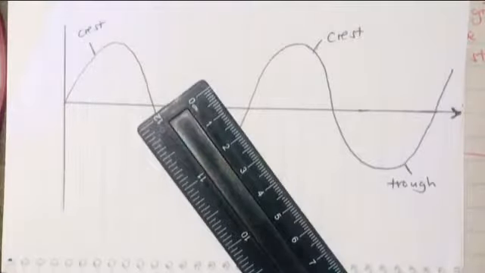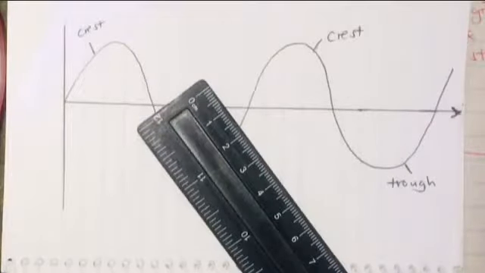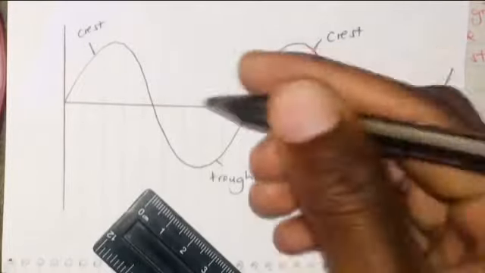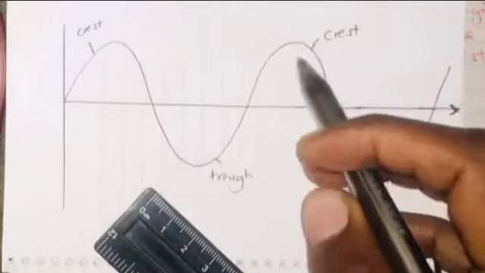So wavelength can be defined in two terms. It can be the distance between two successive crests, that is this crest and this one.